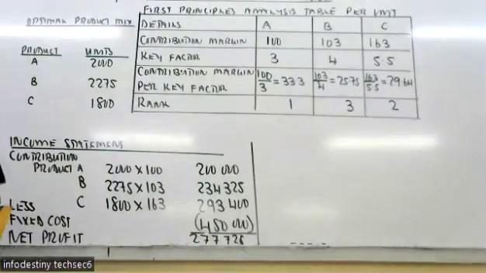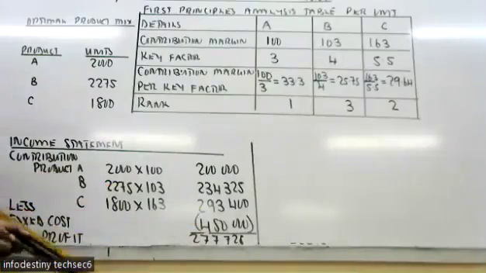The next question says, we want to increase the wages by 4 shillings per hour.